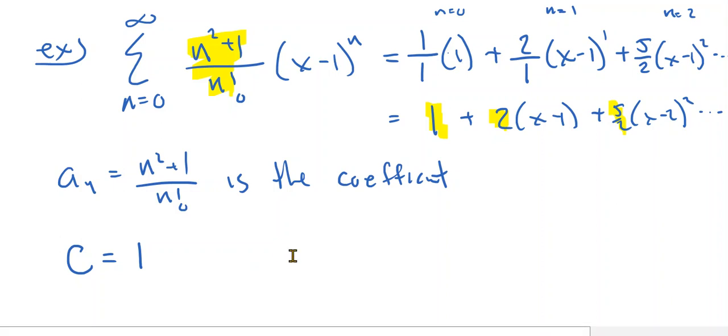The next thing that we want to take a look at is, when does a power series converge? So we want to take a look at convergence. Convergence of a power series.